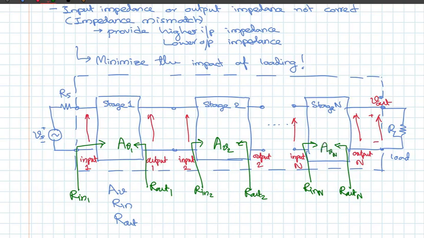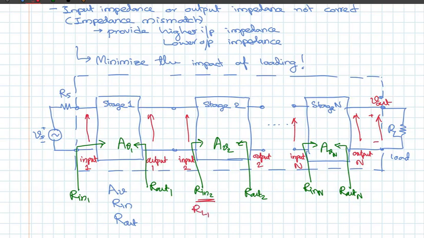So what happens is the input for the first stage is actually the source, whereas the load of the first stage is in fact the input impedance of the second stage. So this will be the load of the first stage, that is RL1.